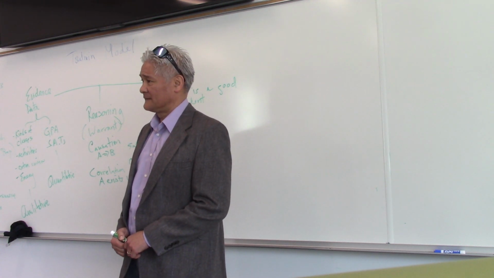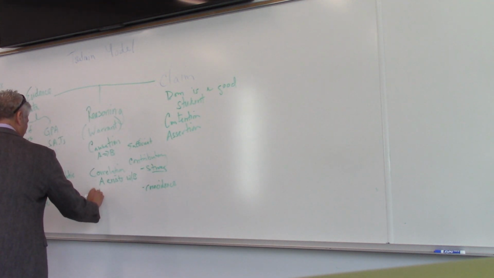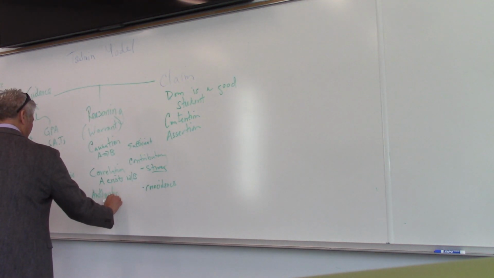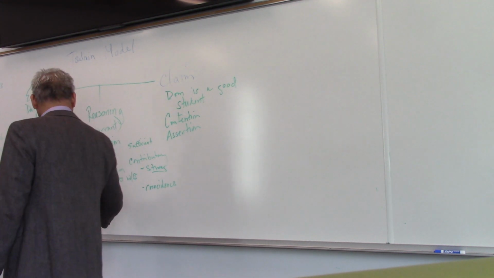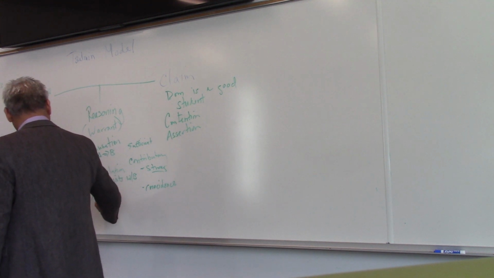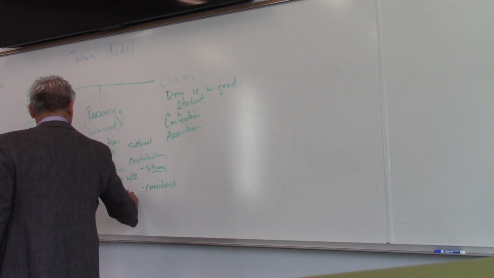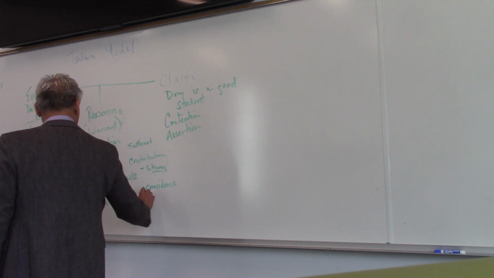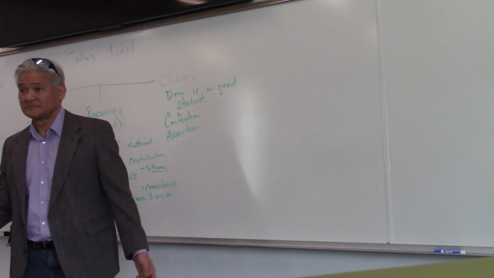Make sense? All right. And then we have authority. I'm going to try to write here. Authority basically says A is correct because B says so, and B is credible. Okay?